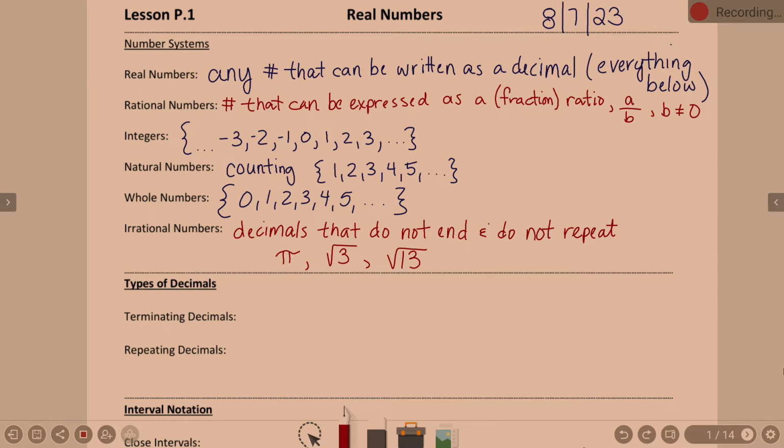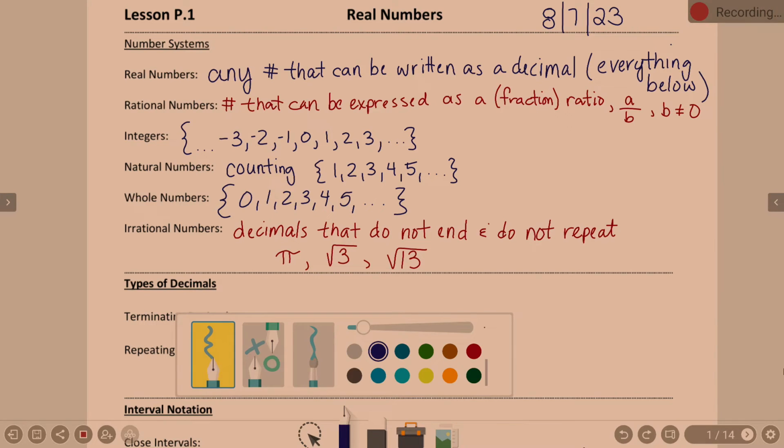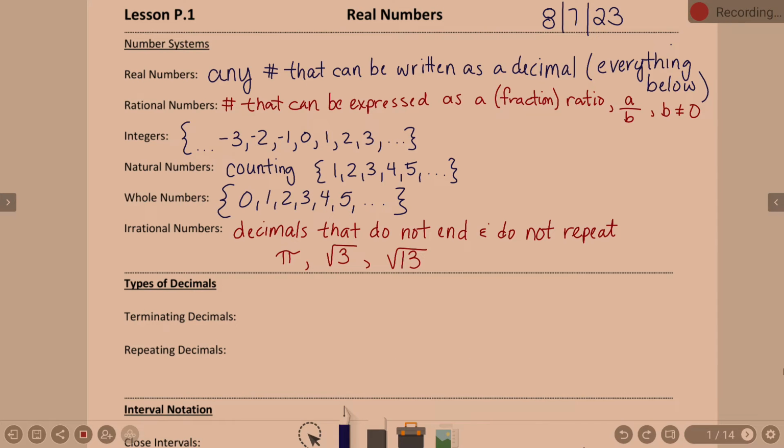Okay, let's talk about our types of decimals. What are terminating decimals? Decimals that what? What's it mean to terminate?